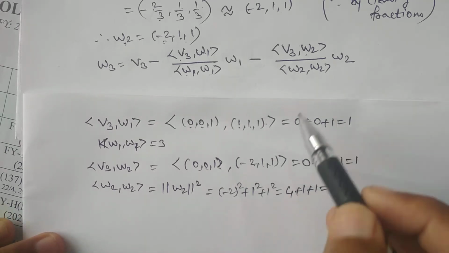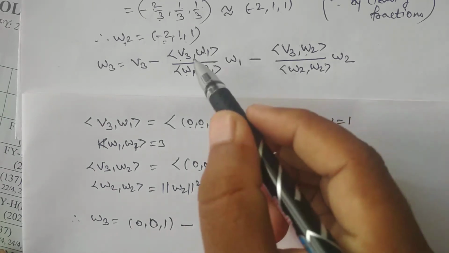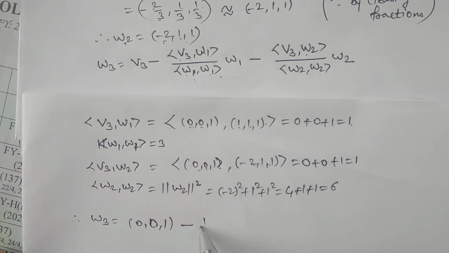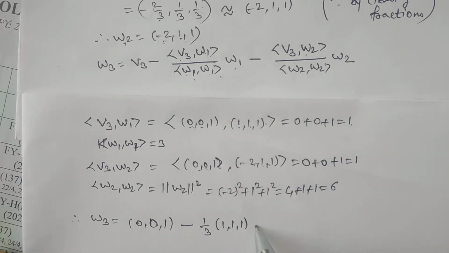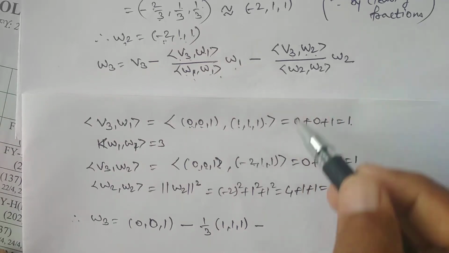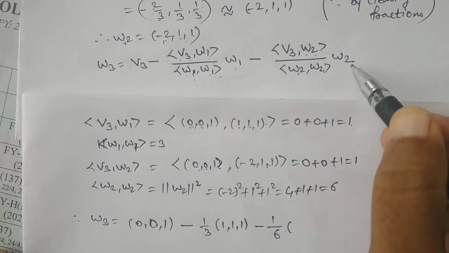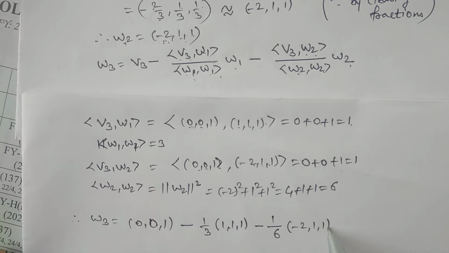So putting these values in W3, W3 is equal to V3, (0, 0, 1), minus inner product of V3 and W1, that is 1, upon the norm squared of W1, which is 3, so 1 by 3, into W1, which is (1, 1, 1), minus inner product of V3 and W2, which is 1, upon inner product of W2, which is 6, into W2, which is (-2, 1, 1).